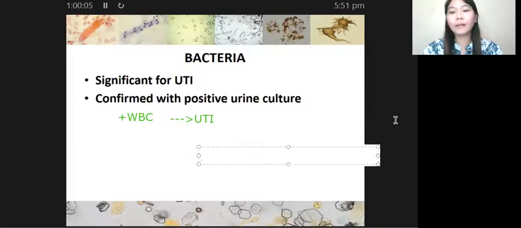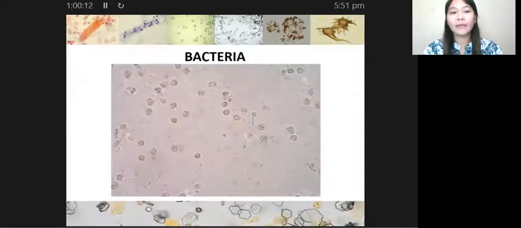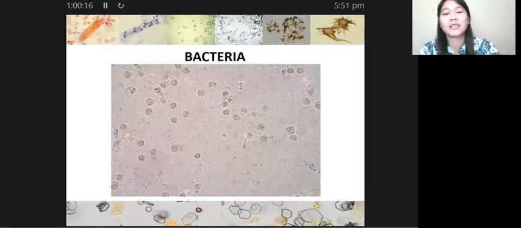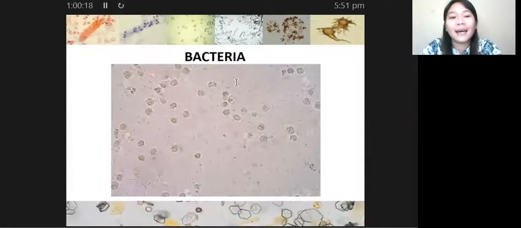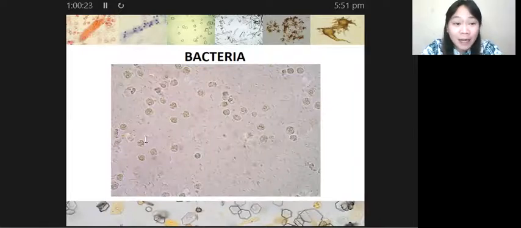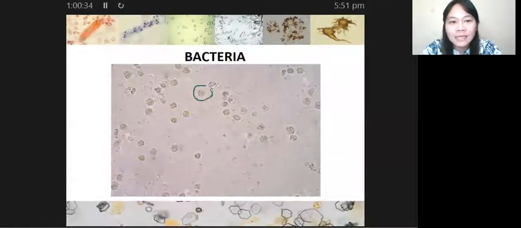So under the microscope, yan ang pinaka-favorite ko na sediment kasi talagang gumagalaw sila, which is very cute under the microscope. So as you can see, ang dami niyang bacilli, 'di ba? And along with your bacilli are, of course, yung ating mga neutrophils, yung ating mga WBCs.